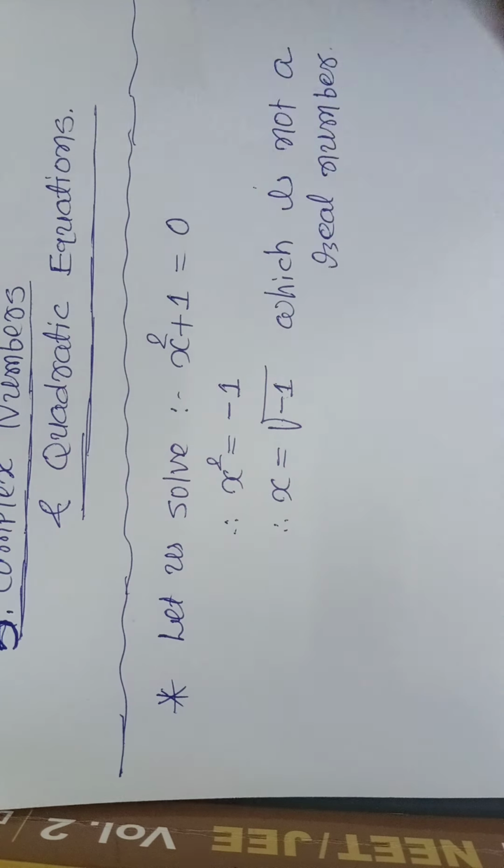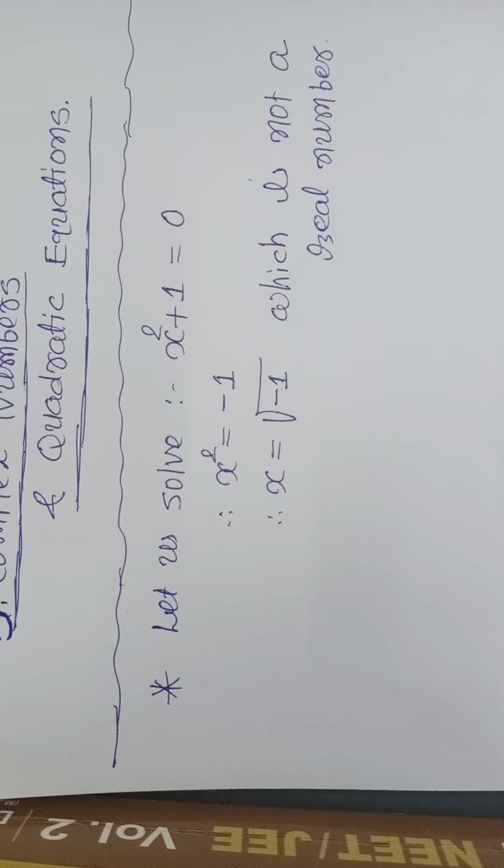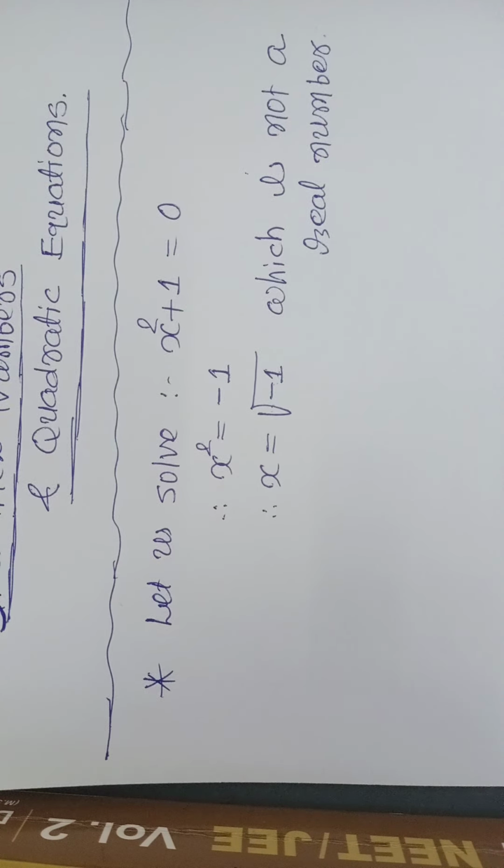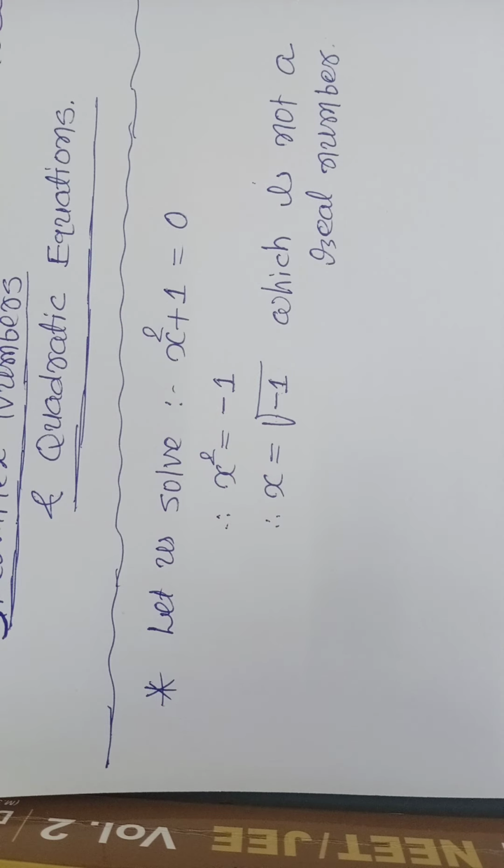And that's why this number is known as an imaginary number. A number which is not real, we may say is an imaginary number. So in mathematics, this square root minus 1 is known as an imaginary number.